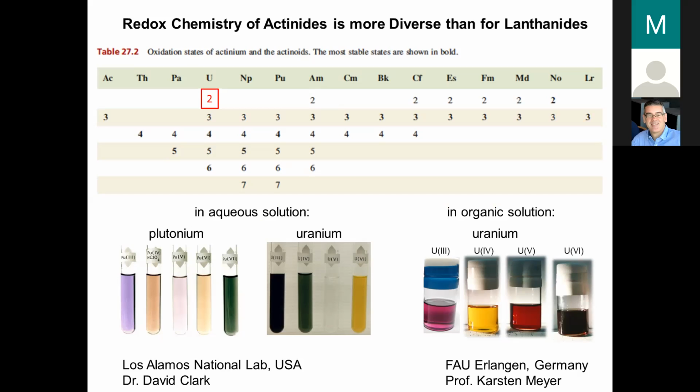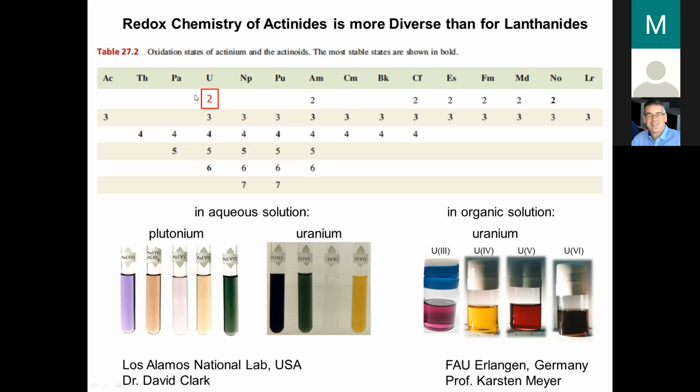You may notice this is very different from what we saw last week for the lanthanides, where it was a safe bet to say 3+ is the most stable oxidation state. If you ever had to guess what a complex had, it would usually be a 3+ complex. Here we see this is heavily diverse.